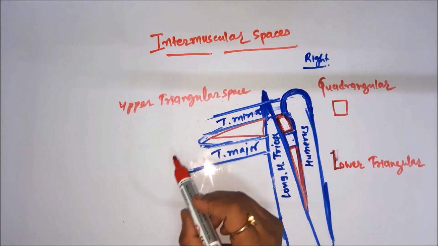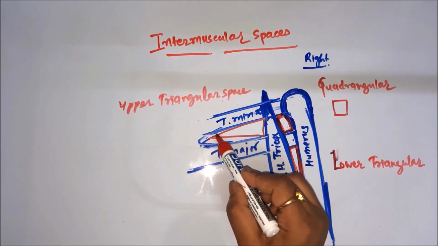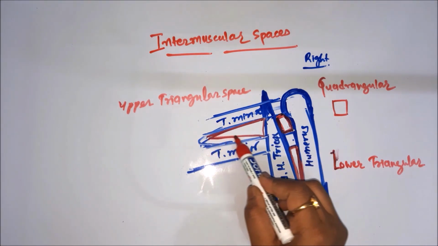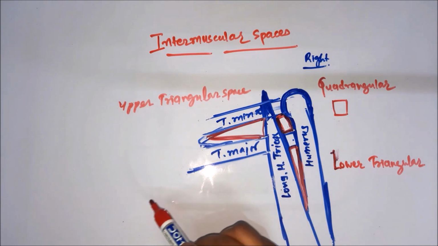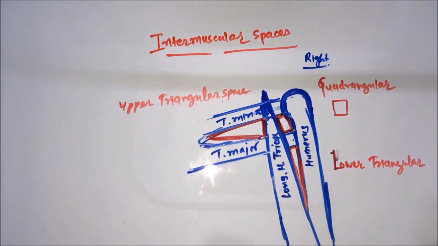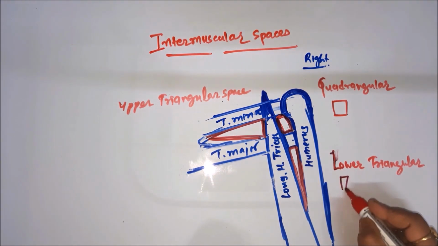Upper triangular space boundaries: above it is bounded by the lower border of teres minor, below by the upper border of teres major, and on the lateral side by the lateral border of the long head of the triceps. So it is visible and you can easily identify its boundaries, right?